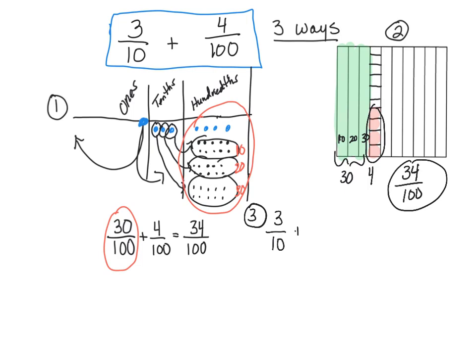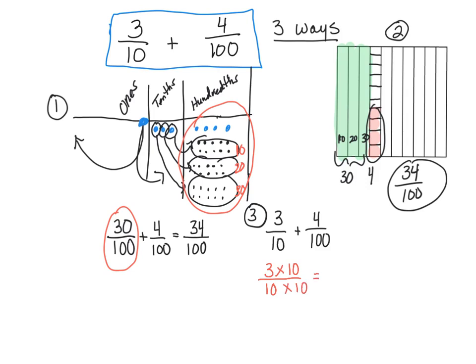3/10 plus 4 hundredths. Well, I need to look at the hundredths and say, what can I do to the tenths so I can get it into the hundredths? What can I do to this number right here? Well, I can multiply the top and the bottom by 10. Remember, whatever we do to the bottom, we have to do to the top and vice versa.